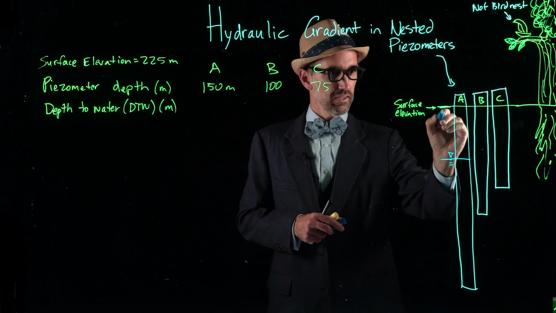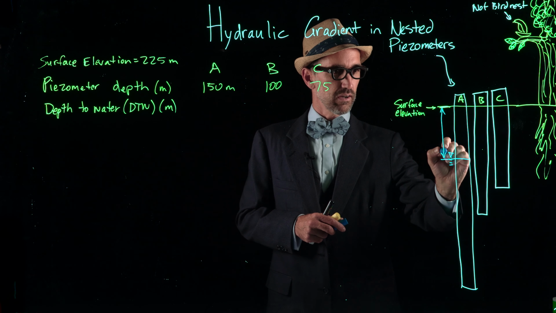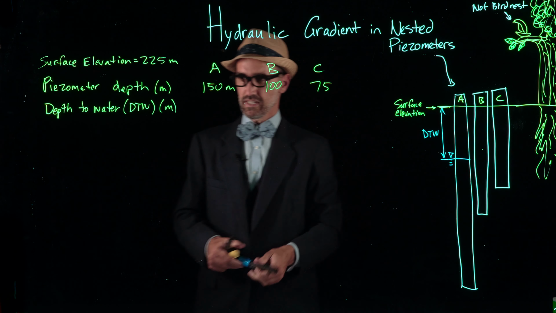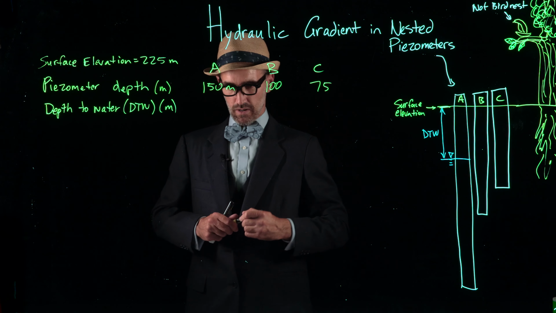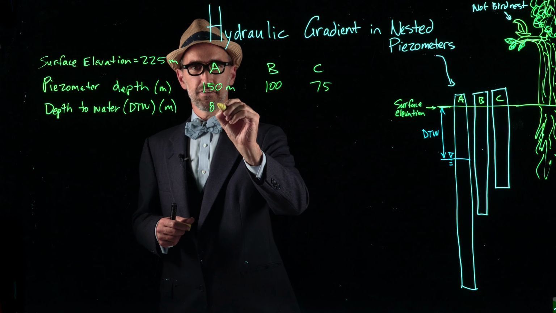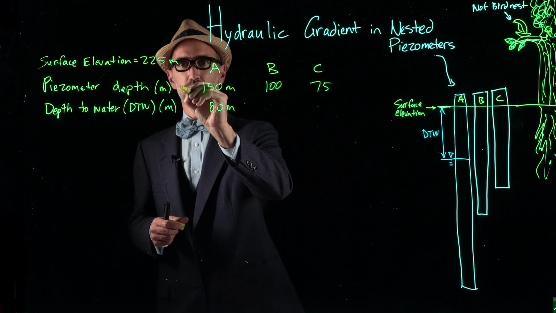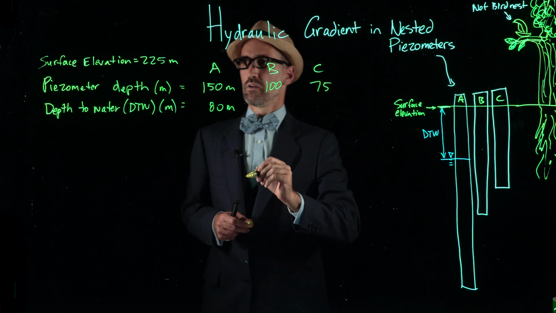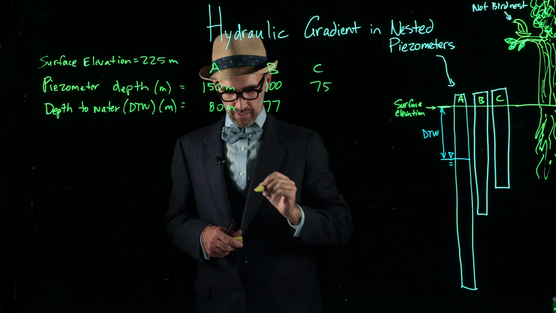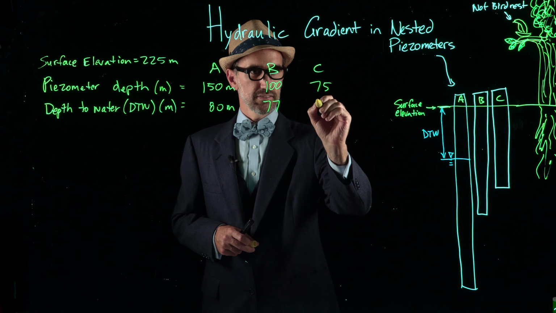That is this distance here. So DTW is here. Our DTW for well A is 80 meters, for well B is 77 meters, and for well C is 60 meters.